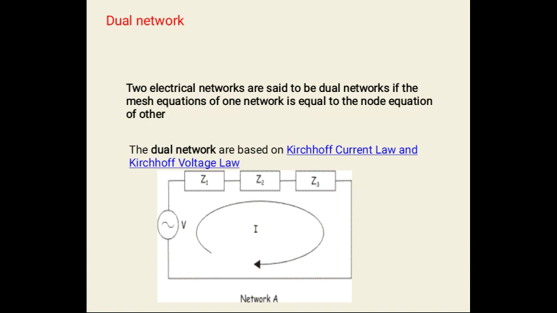Now, in the given circuit, there is a source of V volt and impedances connected are Z1, Z2 and Z3, and current flowing is I ampere.